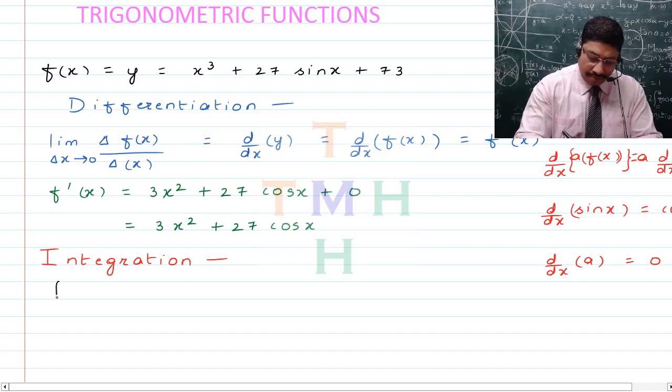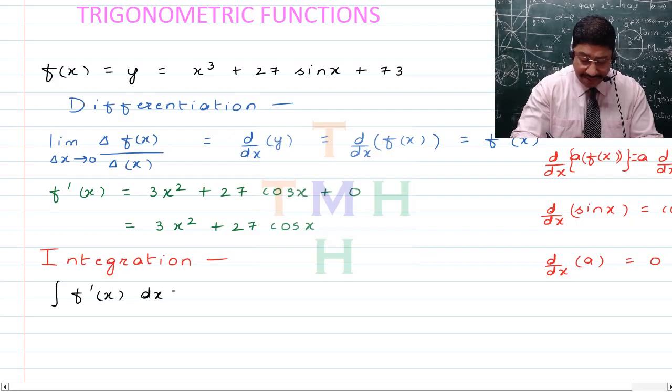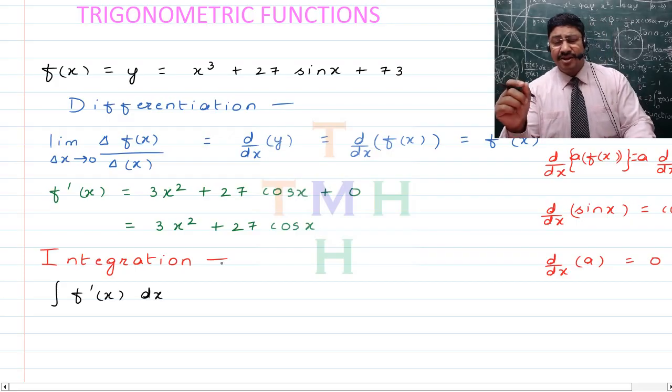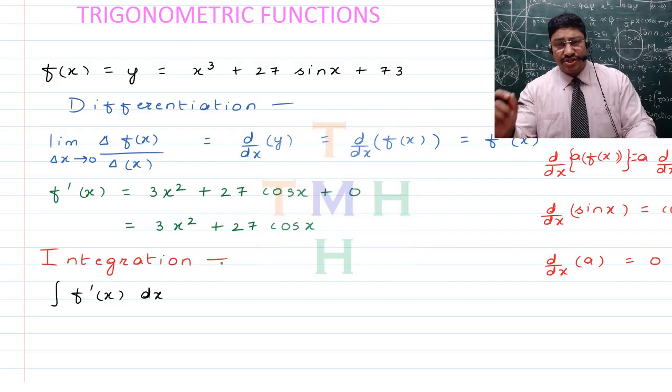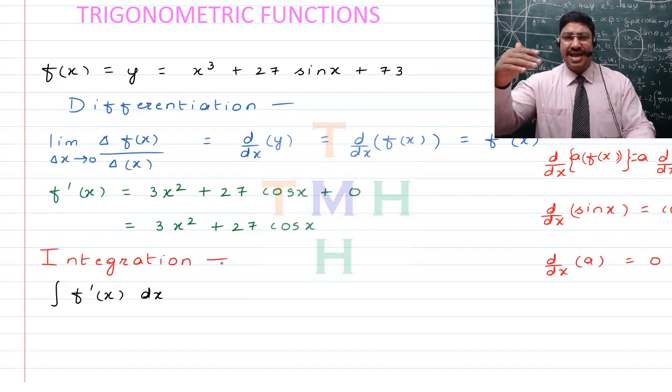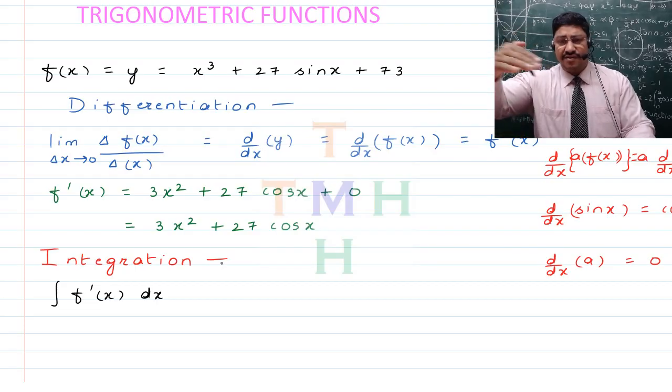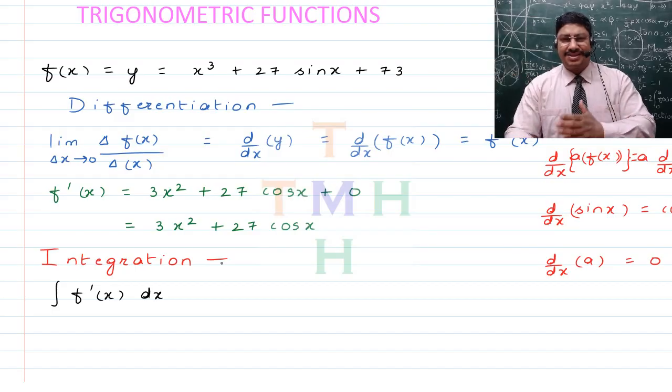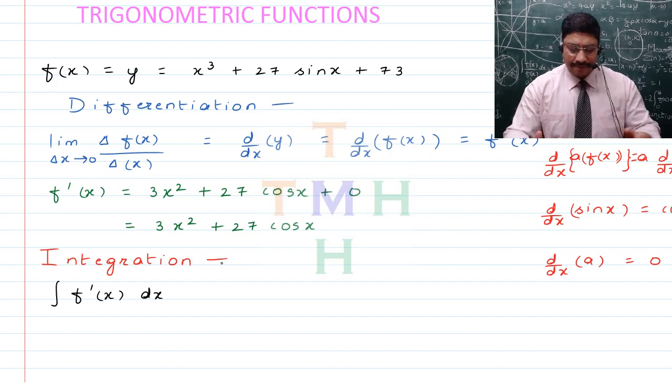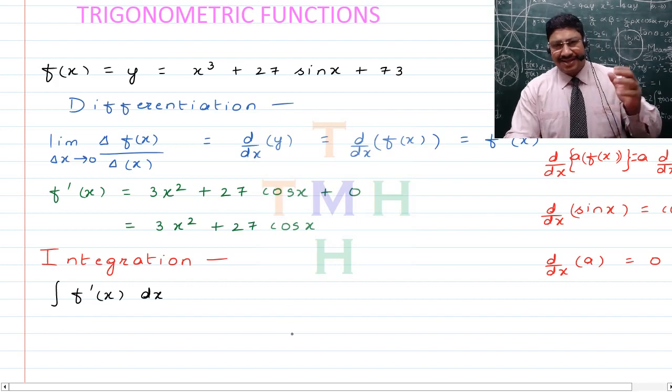If we talk about the integration of some differentiated function f dash x, which is also multiplied with dx, which is an infinitesimally small length, the width of the small elements that we take in finding the area under the graph of any function, which in times to come we'll be discussing in detail in definite integration and in application of integrals. So just hold your guns till then.